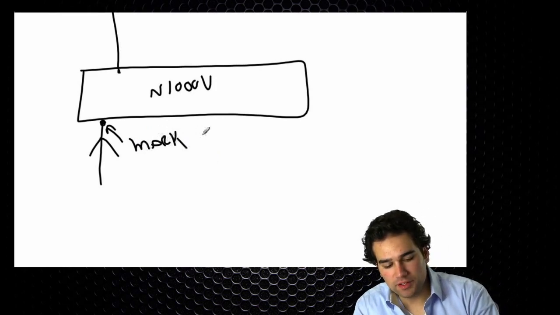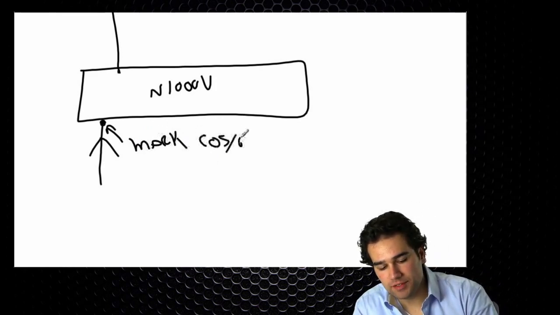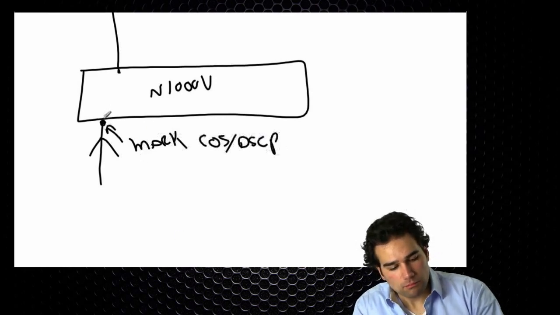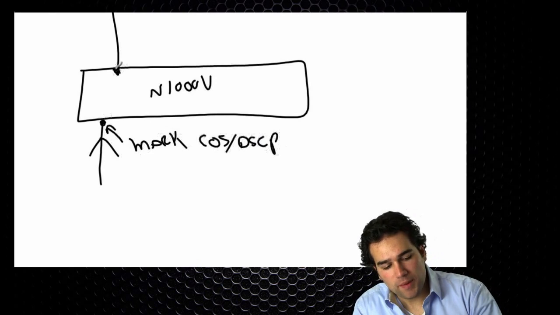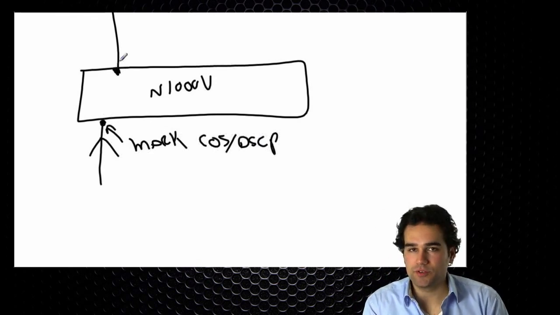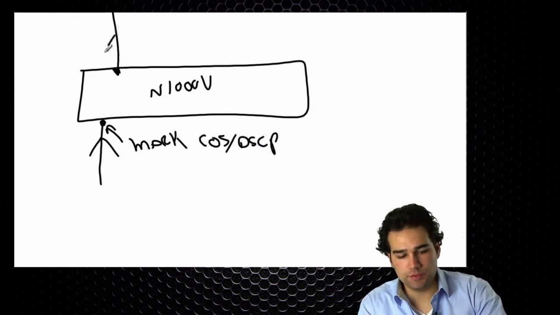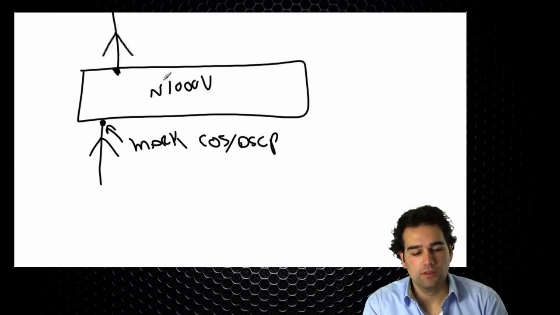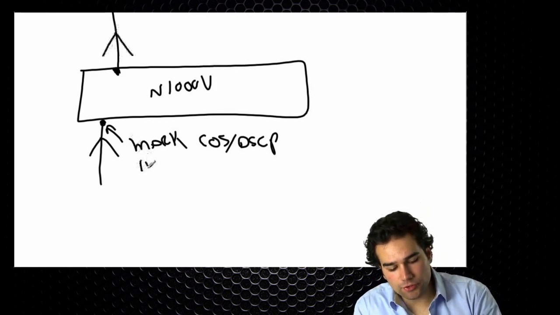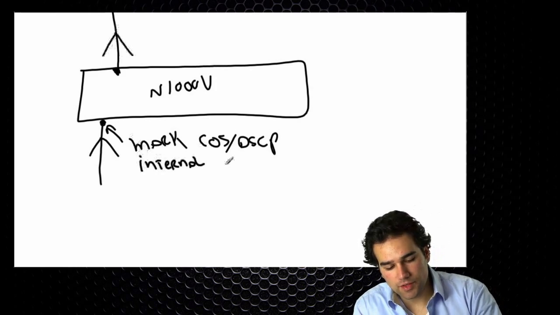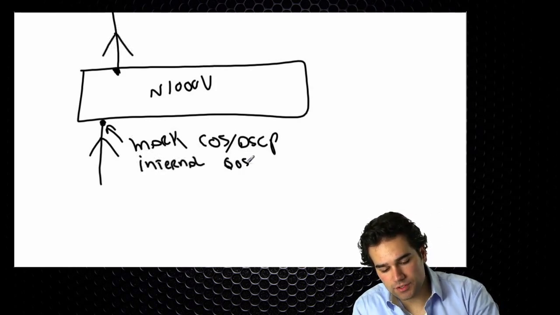I'm going to mark it with CoS bits, with DSCP bits. And because I want to have a bandwidth reservation for that traffic going out of the switch, so this is my outside traffic, I need to set an internal mapping on that packet. That internal mapping is called QoS group.